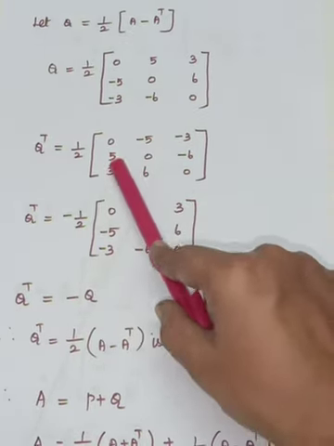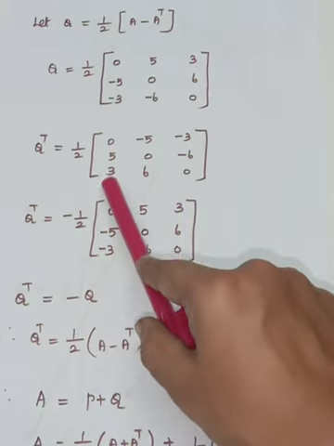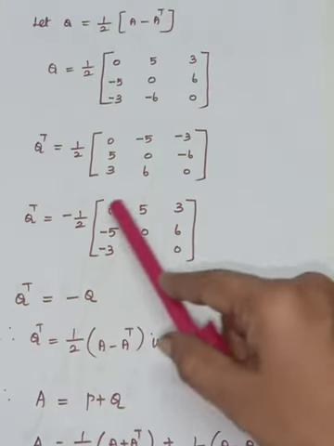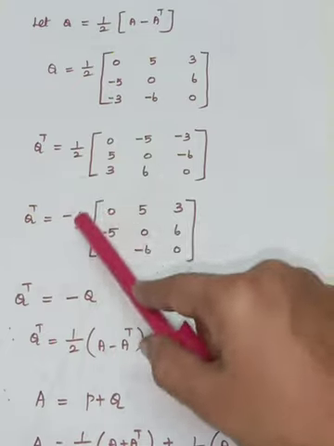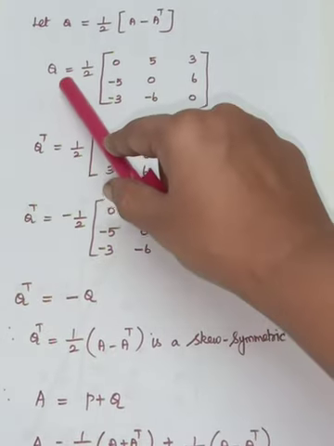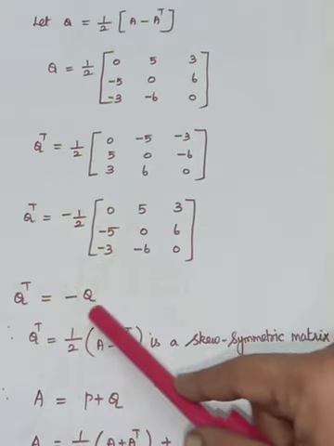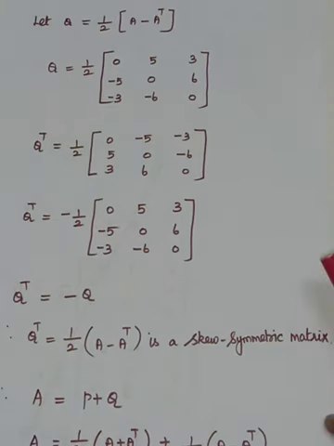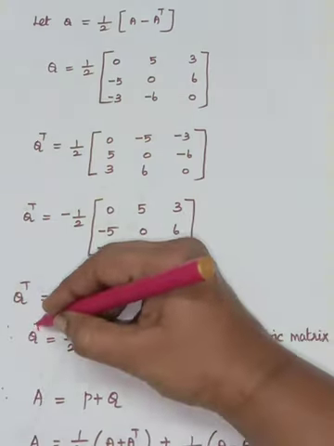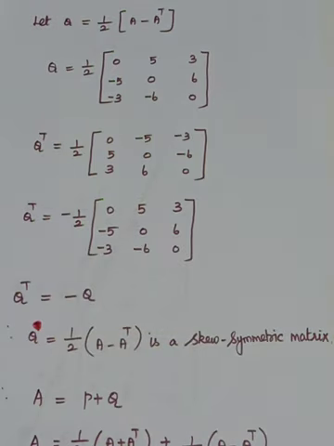This will become minus 5, 6. This will become minus 3, minus 6. This is nothing but Q when half into this matrix. So Q transpose is equal to minus Q, which means Q is a skew symmetric matrix.